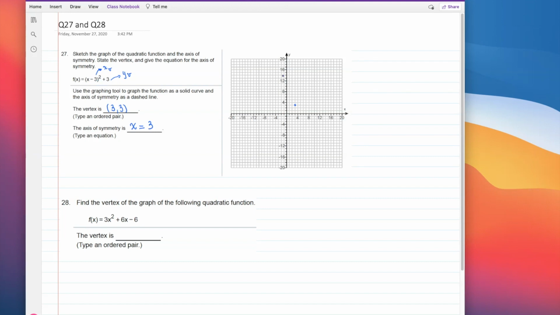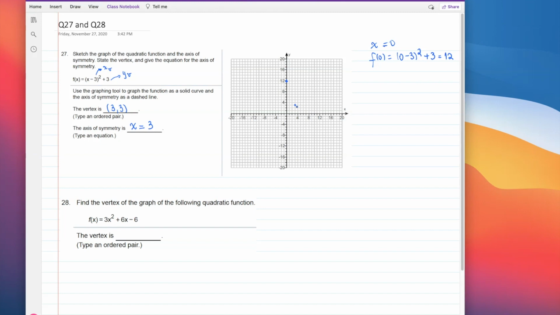When x is 0, then f of 0 is (0 minus 3) squared plus 3. And this is the number 12, because this is 9, 9 plus 3, 12. So when x is 0, the y is 12, or f of 0 is 12.